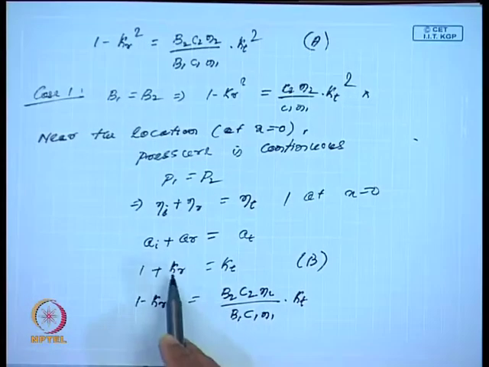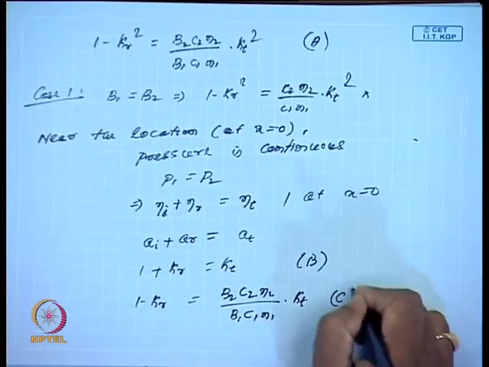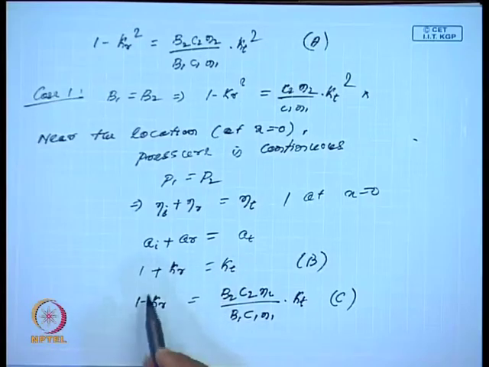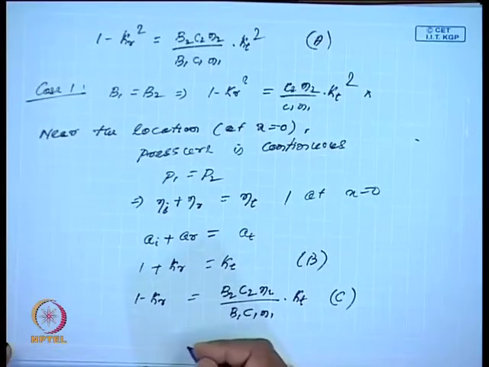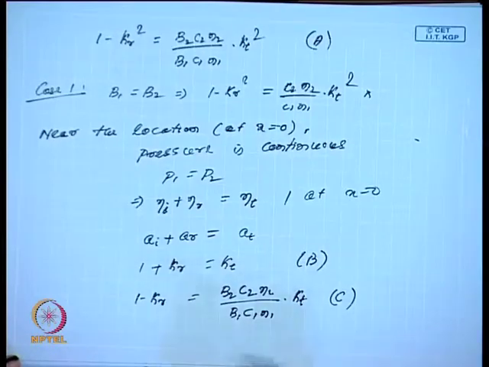Now K_R and K_T are two unknowns, and I have two equations, so this will give me my K_R and K_T.